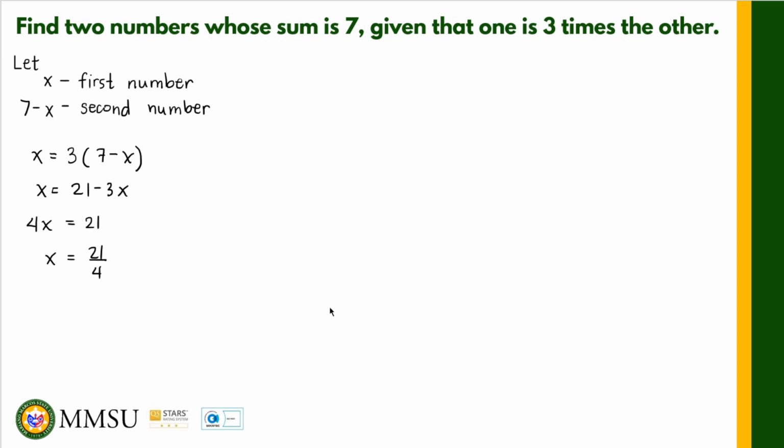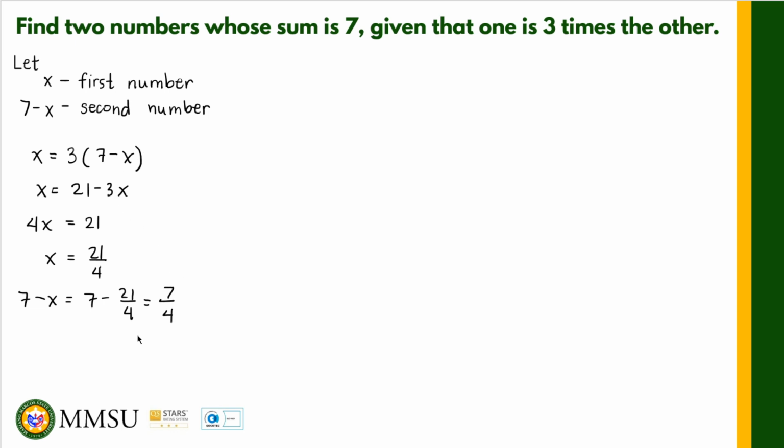Okay, and then the second number is 7 minus x. So 7 minus x is 7 minus 21 over 4. Okay, so 7 minus 21 over 4 is 7 over 4.